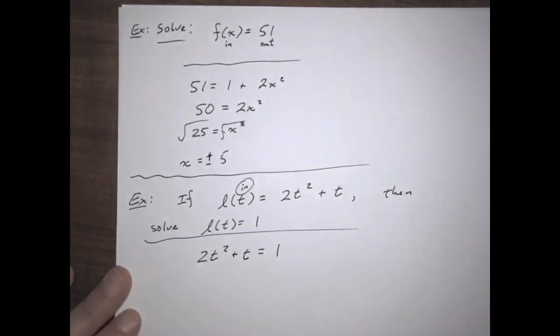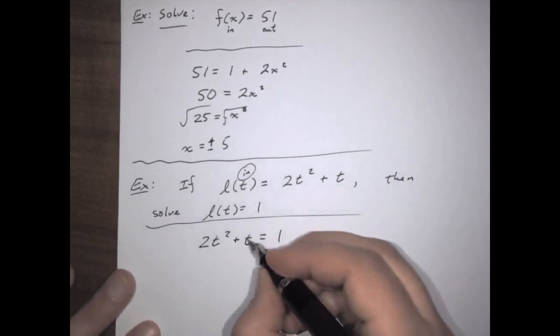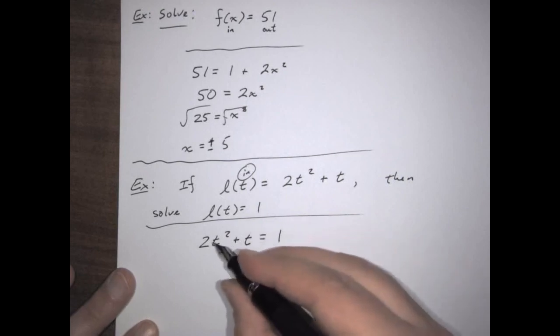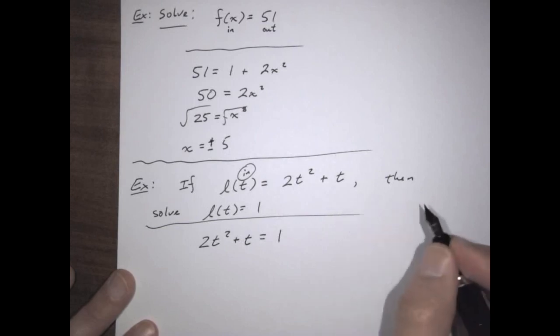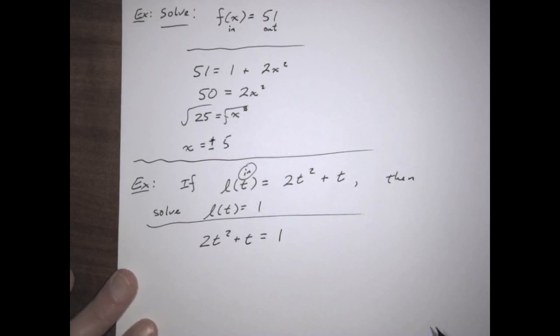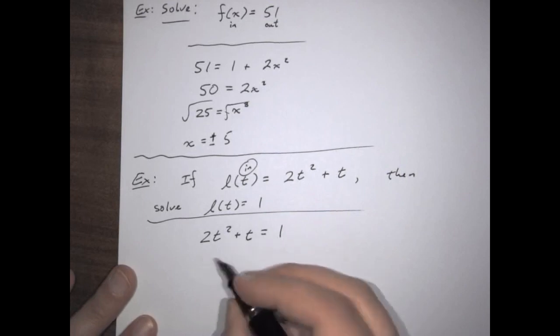And this is what we are trying to solve. Now here we have multiple copies of the t floating around, so if we're going to try to solve this, what we have to do is something quadratic. In particular, we're going to have to move everything to one side, have a 0 on the other, factor if we can, and if we can't, then we will have to use the quadratic formula.